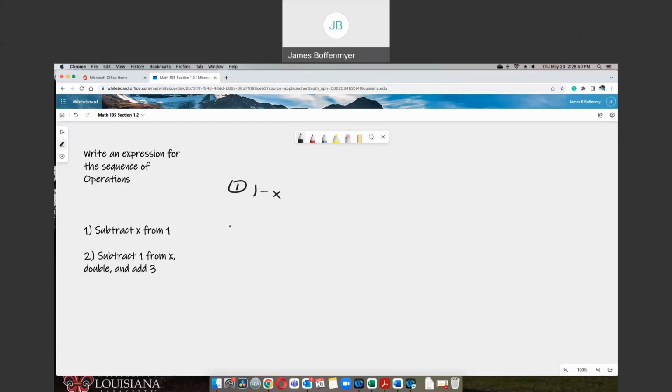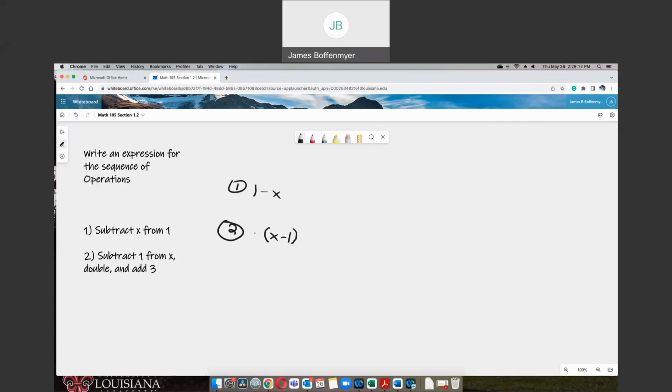So number 2 is going to work very similar to that. We still have to read backwards a bit because the keyword says subtract. So we subtract 1 from x, which would be x minus 1. Then we double it. What we do with that is put parentheses around the x minus 1, the thing that we just wrote.